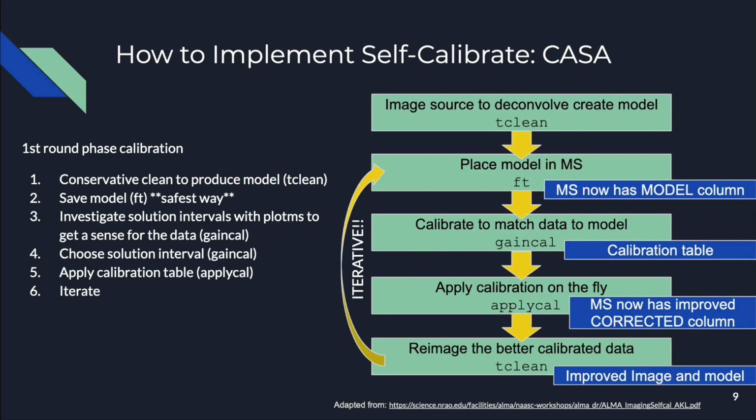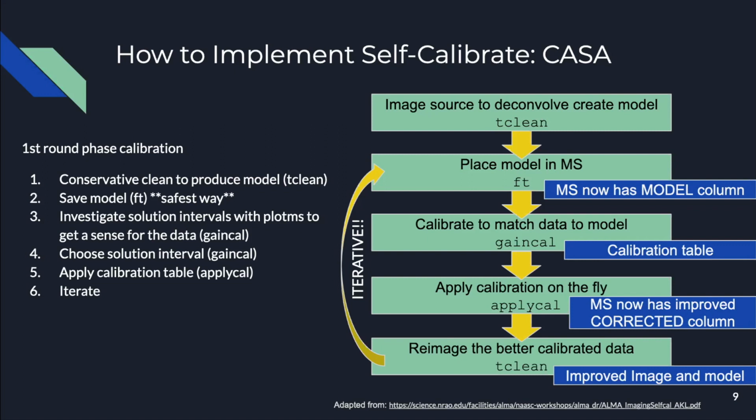Then, when you run gaincal, you are going to compare the model and the visibilities, and you are going to find the interval of time in which the model and the visibilities match the best.